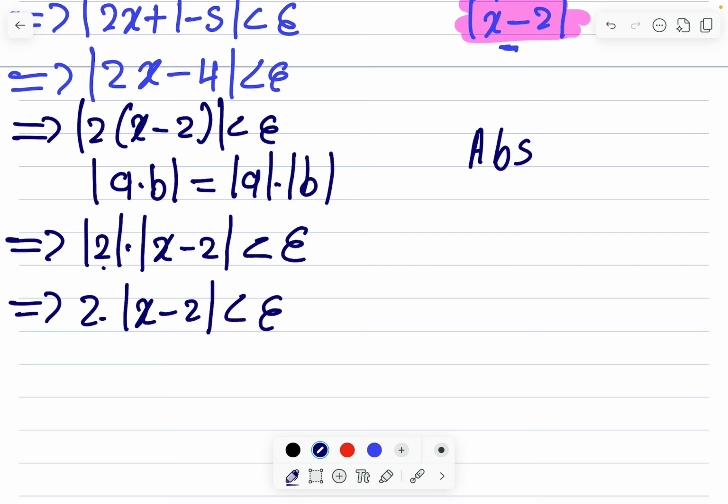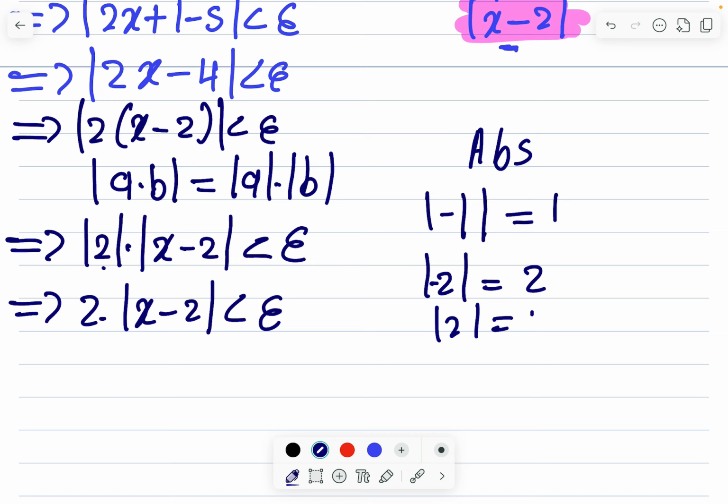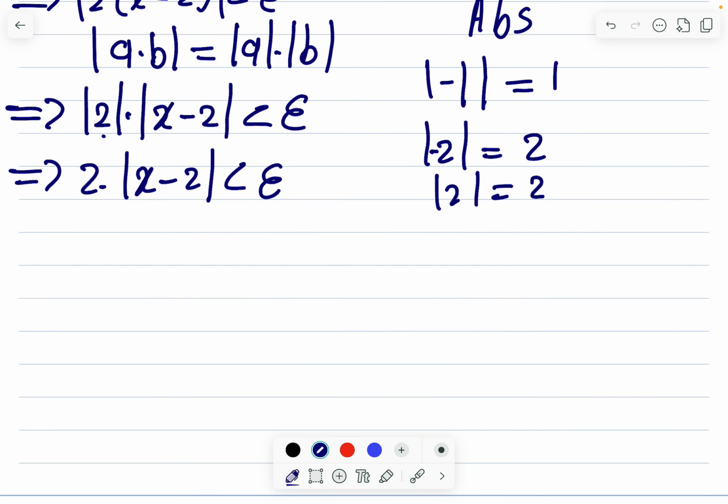Absolute value means strictly non-negative. The absolute value of negative 1 on your calculator equals 1. The absolute value of negative 2 equals 2. The absolute value of 2 equals 2. Absolute value means everything is positive. Understand? So here our goal is to find x minus 2, so I'm going to divide both sides by 2.